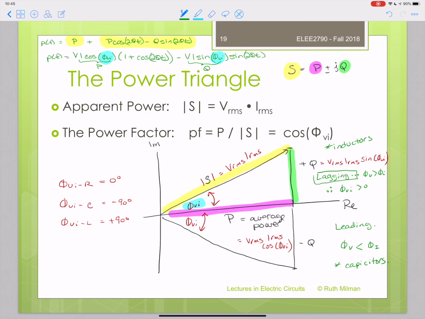Well, if you take the power factor, that's simply the ratio of the actual average power to the apparent power, you get back this cosine. And this cosine comes back, if you recall a couple slides earlier, to the efficiency of your system. You want that cosine to be as close to 1 as possible, otherwise your system is less efficient.